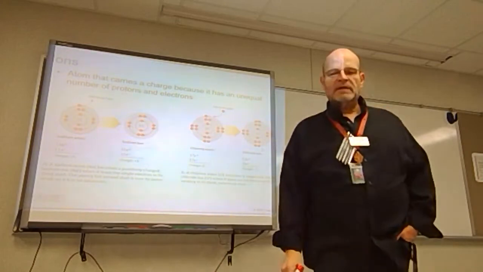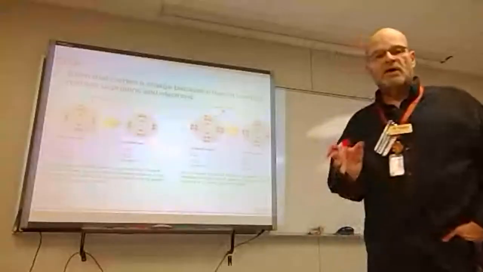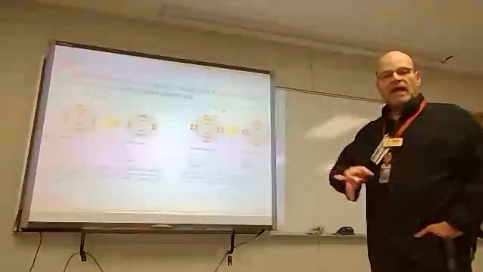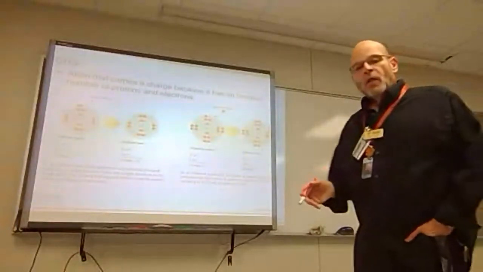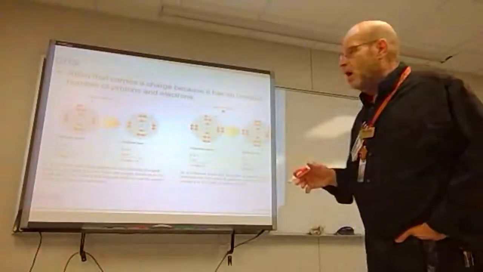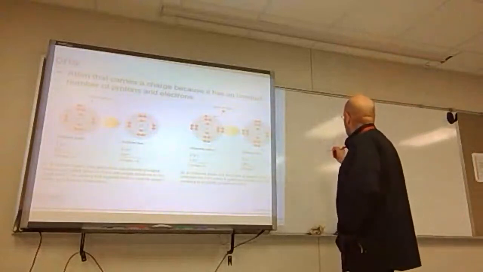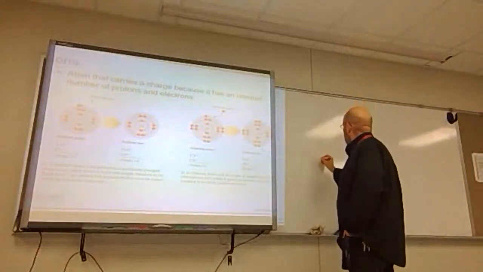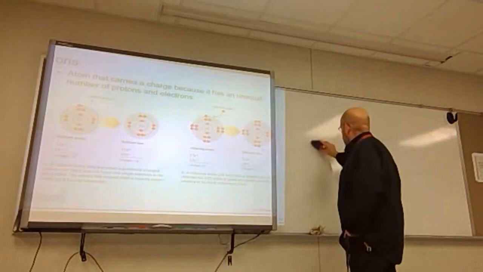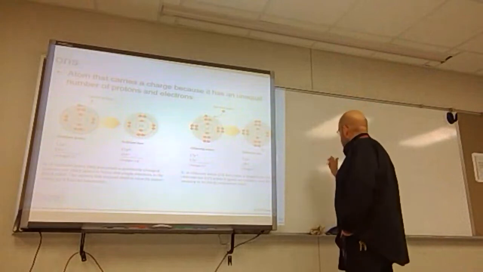So if we have things, these things are atoms that have either gained or lost an electron. The way you determine whether it's gained or lost is you look at its charge. Let's do chlorine, it's easier to remember.